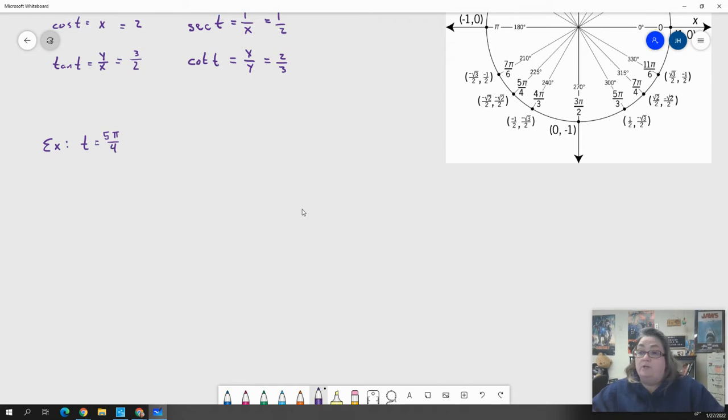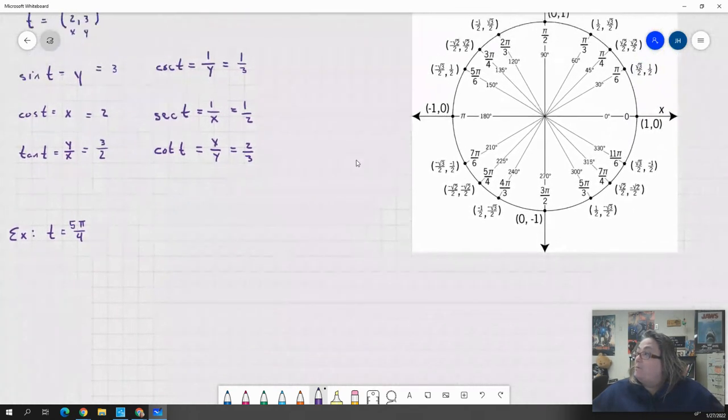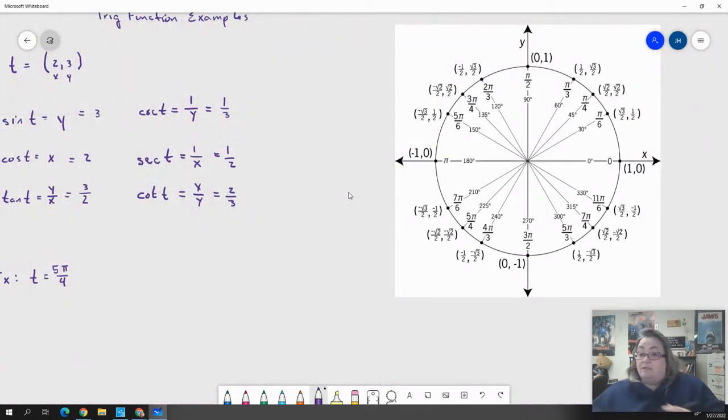And again, we are trying to evaluate all 6 trig functions at t equals 5 pi over 4. So we need to know what the x y value is at 5 pi over 4. And lucky for you, I put up a unit circle. So all you have to do is go look for 5 pi over 4, which we see right here on the unit circle, and we can find our x y values.